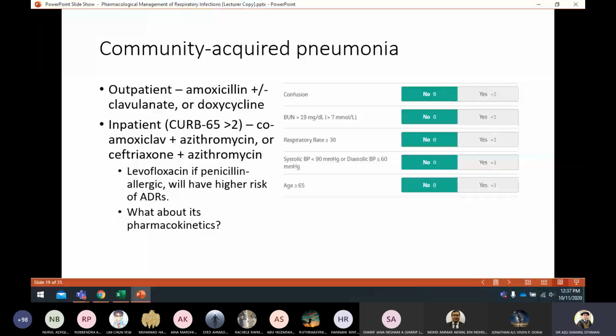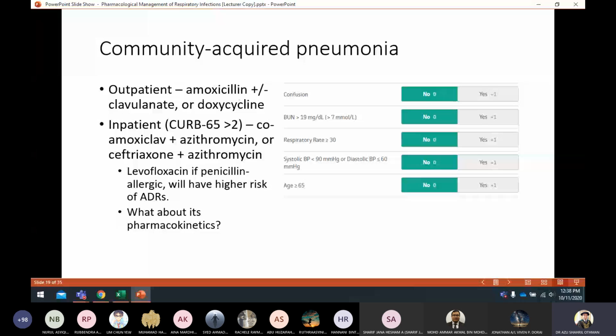There are a few things that are considered: confusion, whether the patient is confused or not, the blood urea nitrogen levels, the patient's respiratory rate, the blood pressure, whether the patient is hypotensive or not, and whether the patient is over the age of 65.